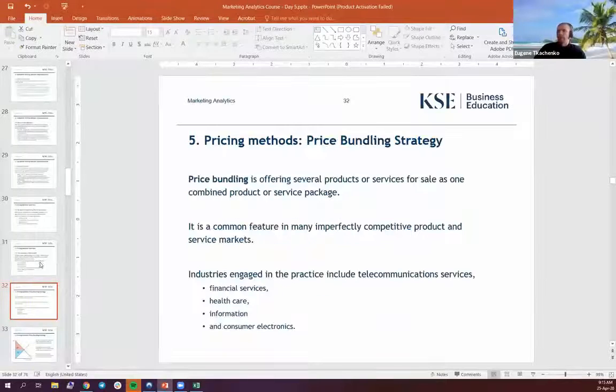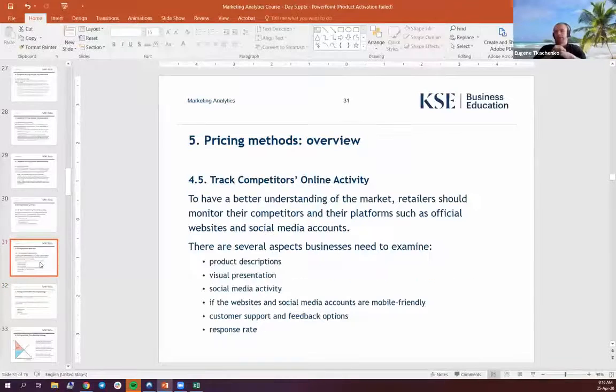So basically, once you have all these points covered, you ideally should have some sort of document where you track all these changes.